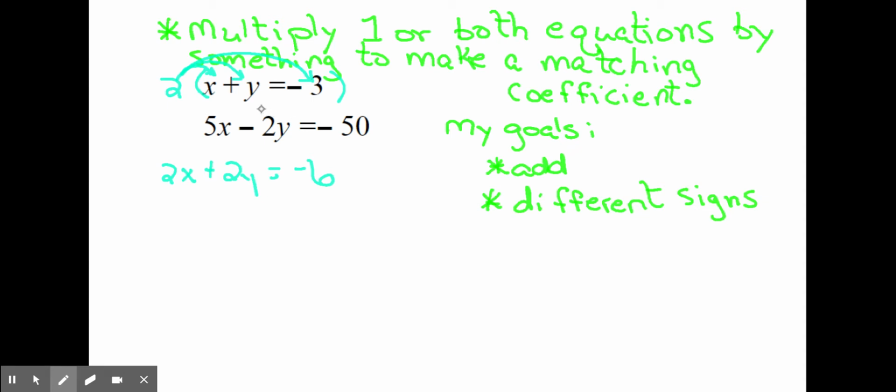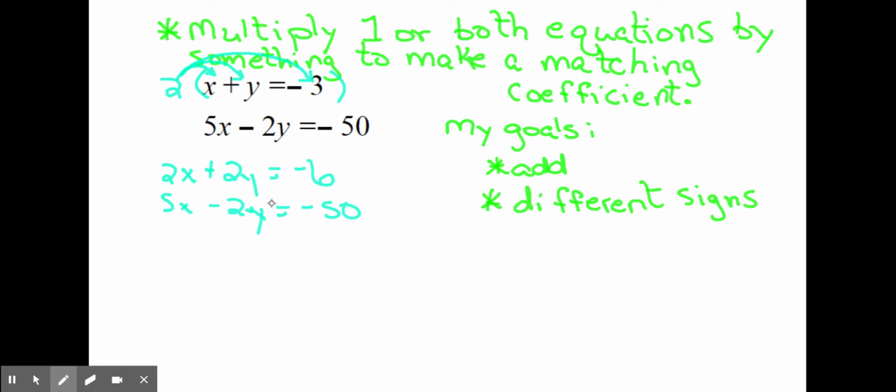This is basically one of your rules of equations. Whatever you do to one side, you have to do to the other. If I multiply the x and y by 2, I have to multiply the -3 by 2. And then I'm just going to copy the other equation.